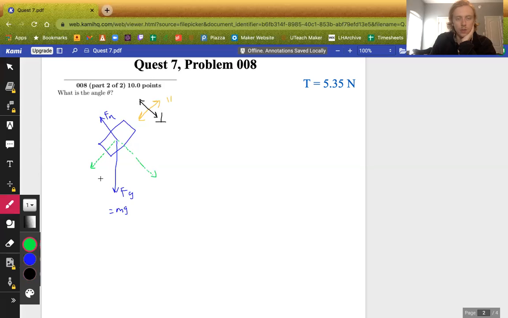And we know that this perpendicular component of the weight is mg times the cosine of theta. And we know that this parallel component is equal to mg times the sine of theta. Right? So we know all of that. Okay, we've got that set.